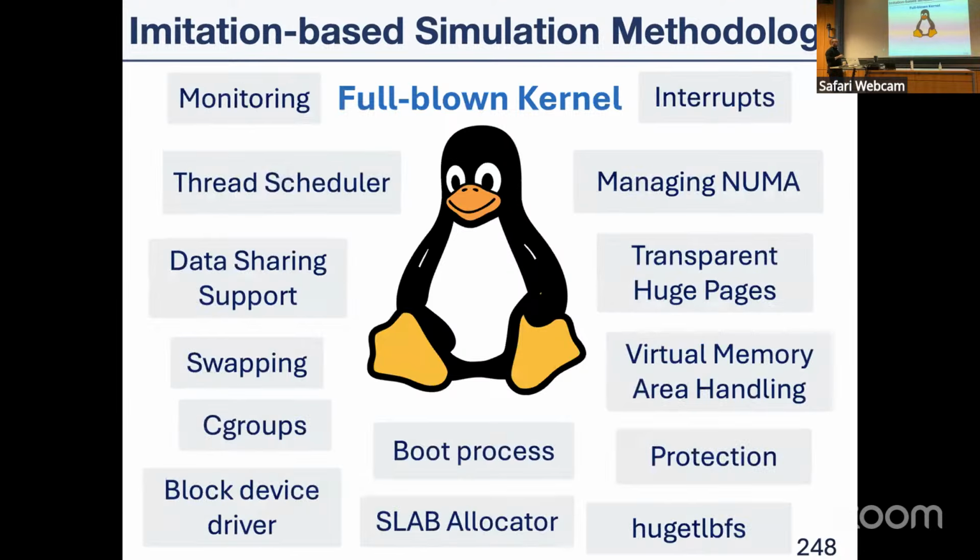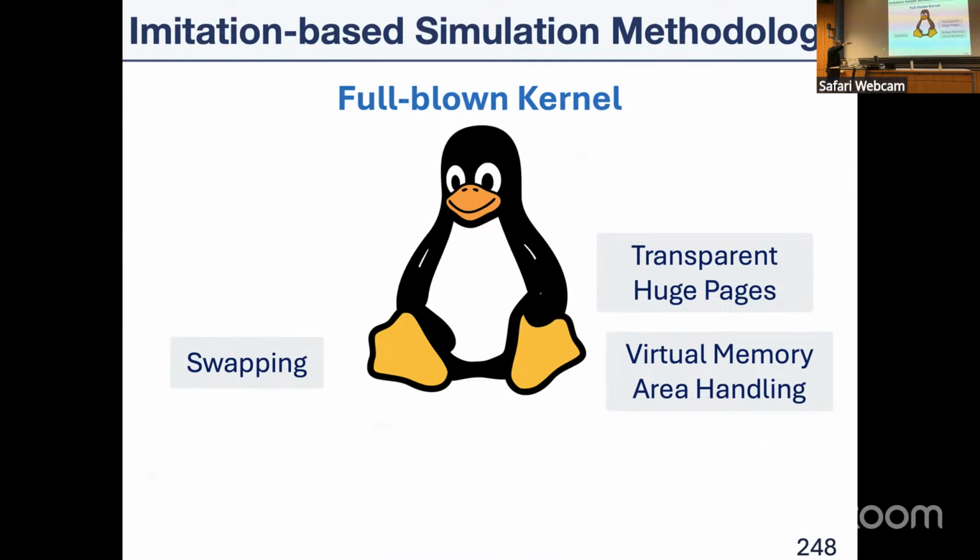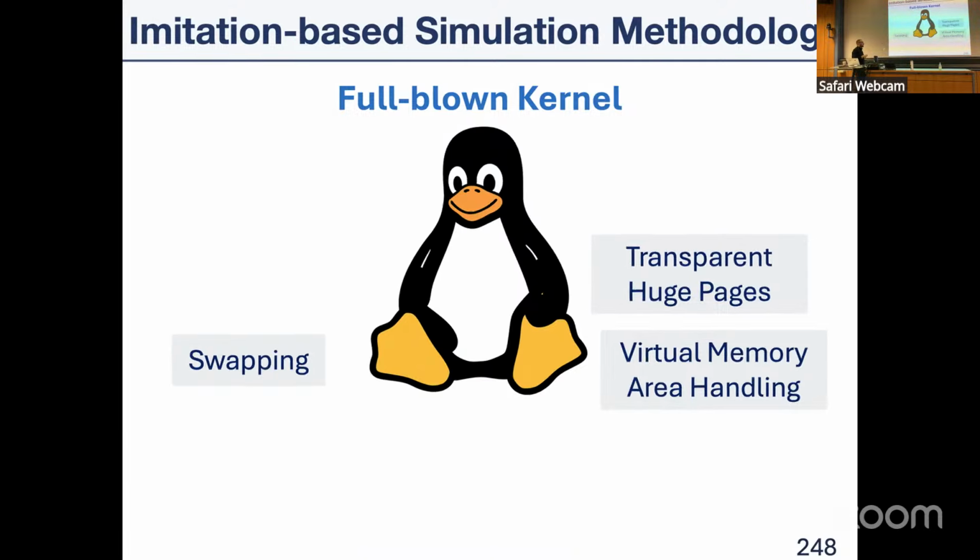We take the full-blown kernel that has all of these daemons, processes, services, right? Thread schedulers, managing how to manage NUMA, interrupts, etc. And we strip away all of these, and we keep only the aspects that we care about during simulation. We care about swapping, transparent huge pages, virtual memory areas, virtual memory object handling, for example.